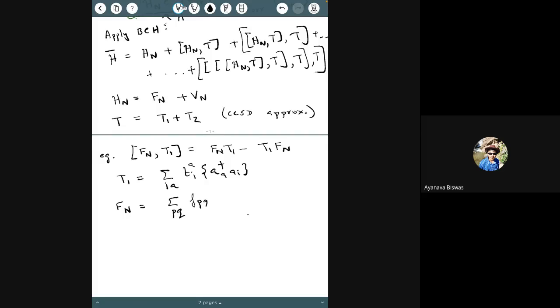So what is f_pq? f_pq basically is the h_pq, the expectation value of the small h operator, times a_p dagger a_q. I'm writing it as f_pq for an analogy with the Hartree-Fock operator. So this may be called the Fock part of the Hamiltonian in a way.